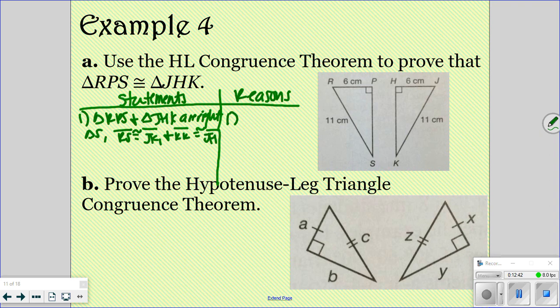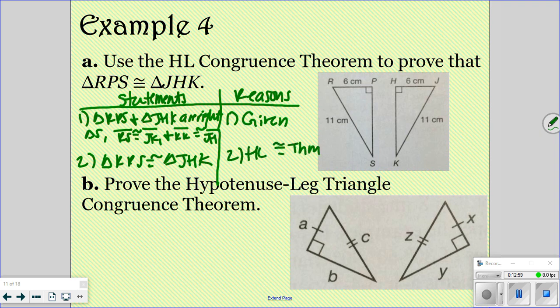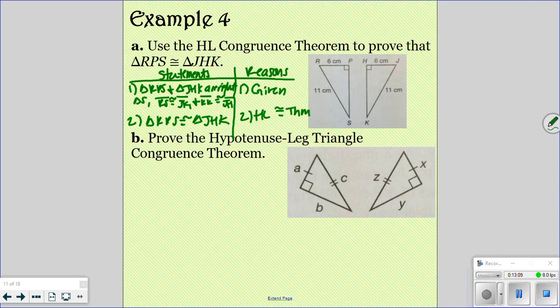And the reason there is the given. And then next, the two triangles are congruent, and the reasoning is the hypotenuse leg congruence theorem. Okay? So that would be for part A. Those are not long proofs. You just basically have to tell the information that you're given, and then usually that's all you need to be able to prove that the triangles are congruent.